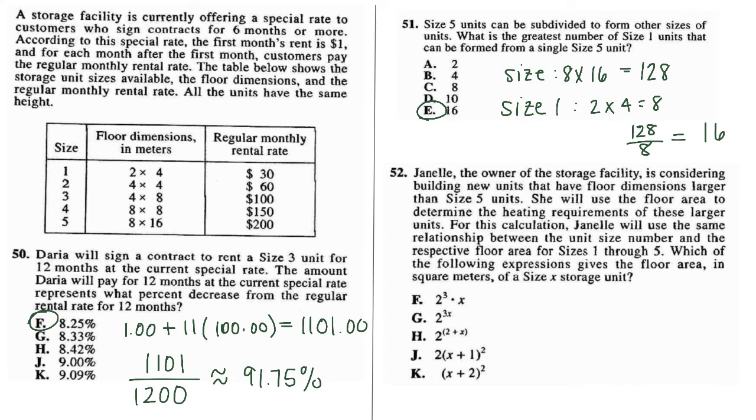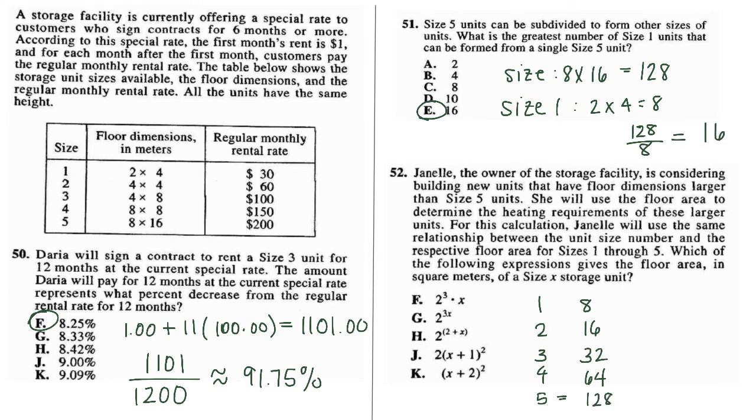Oh me. So let's see. In area 1, or size 1 had a floor dimension that's going to be 8. And 2 was 16, 3 was 32, and 4, 64, and 5, 8 times 16, so 128.